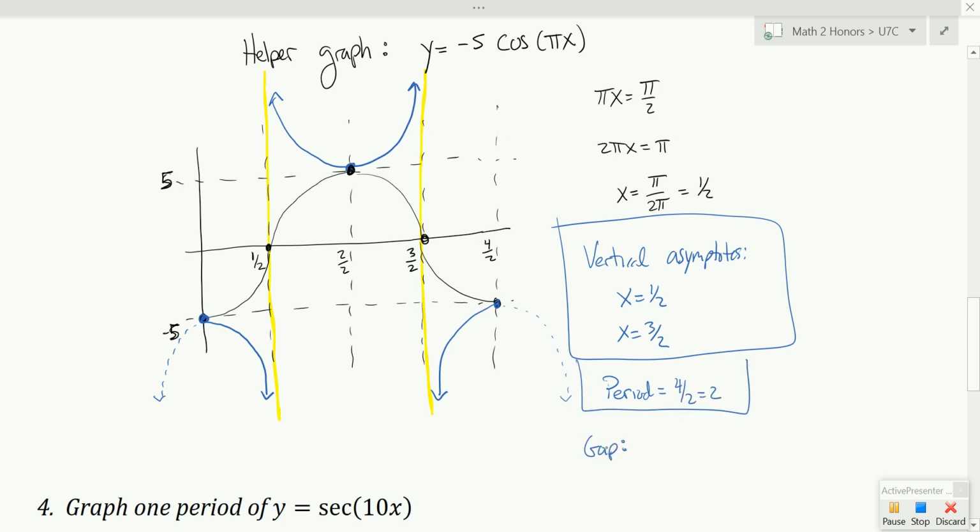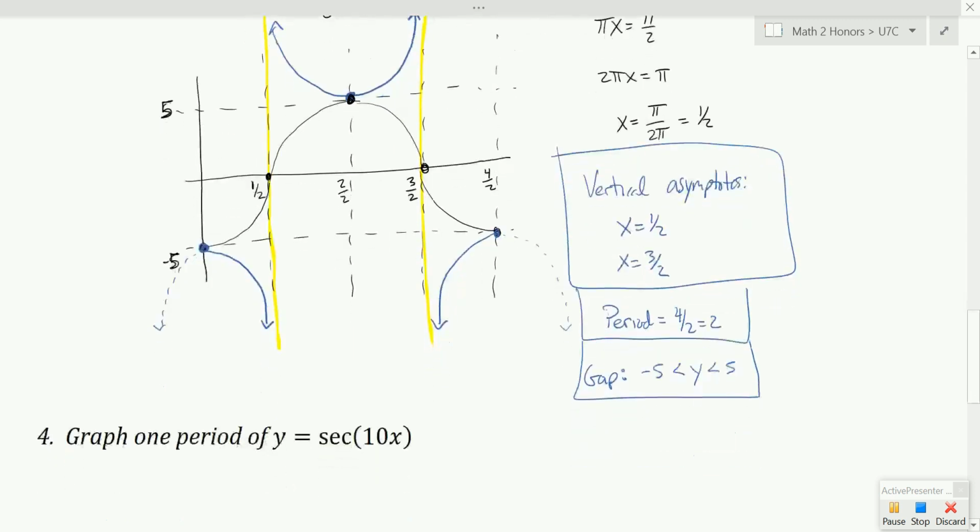Use the right notation. What'd you write? -5. What comes next? Less than, what letter? Y, less than 5. Okay, good.